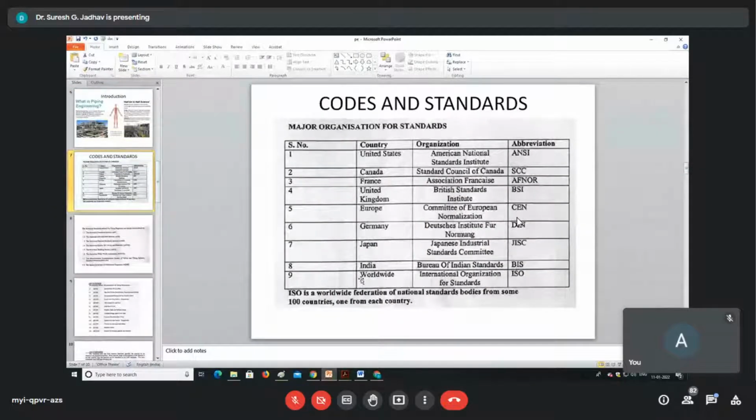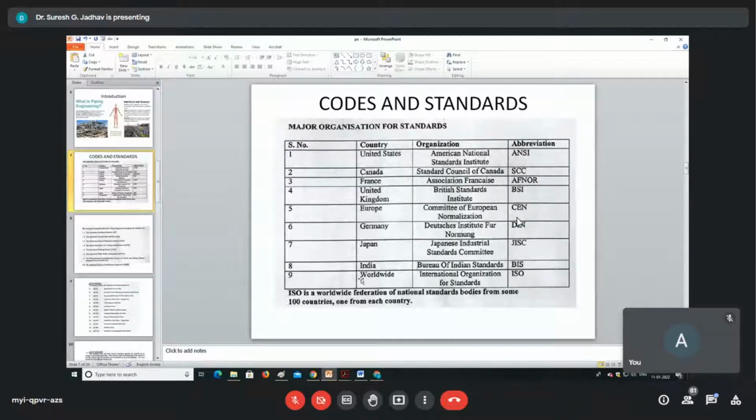Now next is codes and standards. Which codes and standards are to be referred to for given projects depends on client preference and local regulations. Here we'll see the different kinds of organizations for standards.